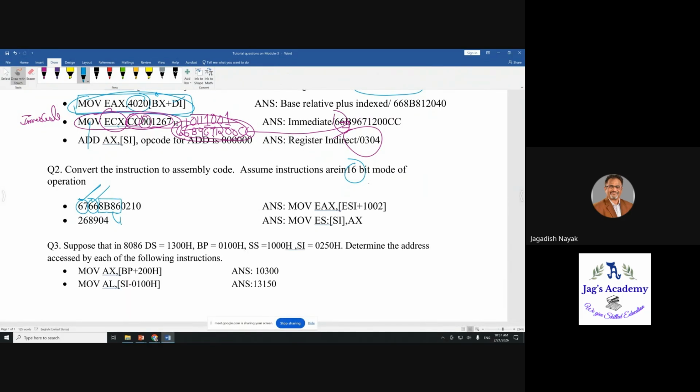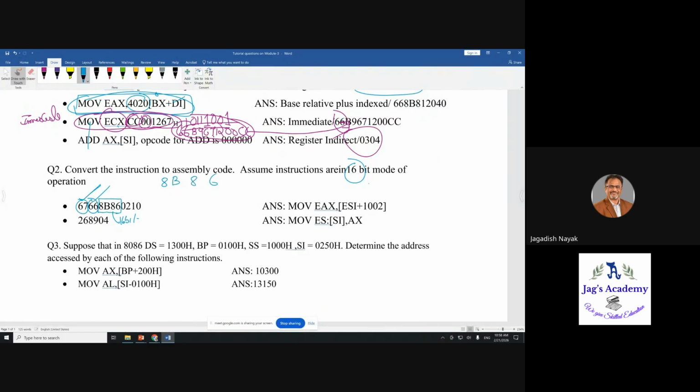Okay. Then definitely this is going to be your 16-bit instruction. 8B86 is going to be your 16-bit. Understood this? Okay. Now you have 8B.